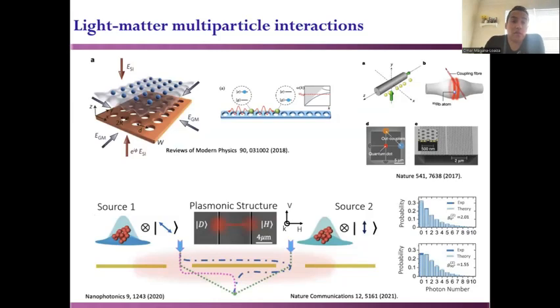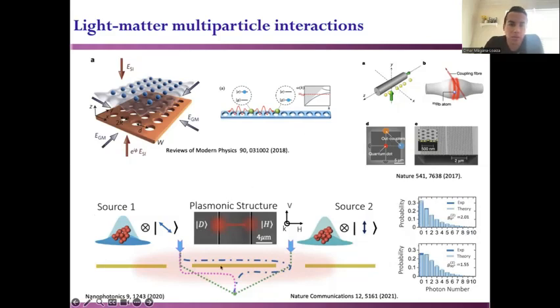Recently, people have been using matter interactions to increase the complexity of multiphoton scattering and multiphoton interference. For example, here we have this photonic crystal that was used to trap photons, and these waveguides were used to control the interaction between these two atoms. Sorry, I said photons, this should be atoms. There are other schemes. For example, here we have this optical fiber that is also used to trap light.